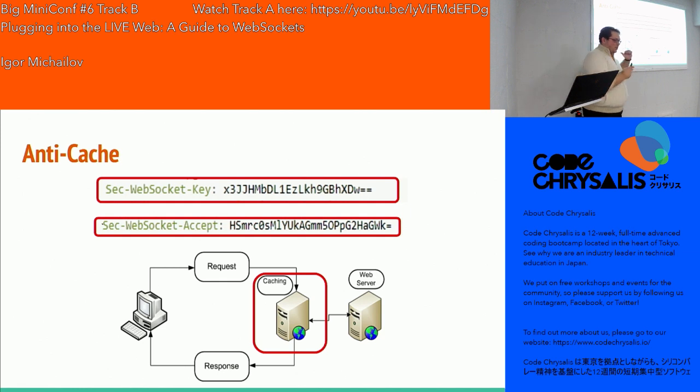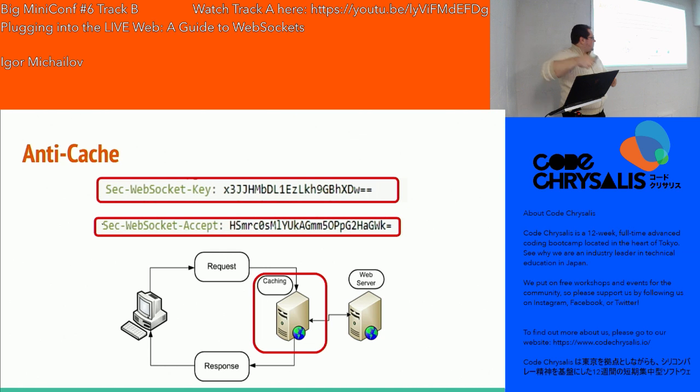Because this is an HTTP request, if you do not have a unique element in your header, at one point it could hit some cache. Normally your request would get to your web server, get handled, and the response would come back to you. But if there's a cache and there's nothing unique in your header, some cache in the middle might say, oh wait, this is an HTTP request, I've seen this, I've done this, and send the response directly to you without transferring your initial request to the final web server.